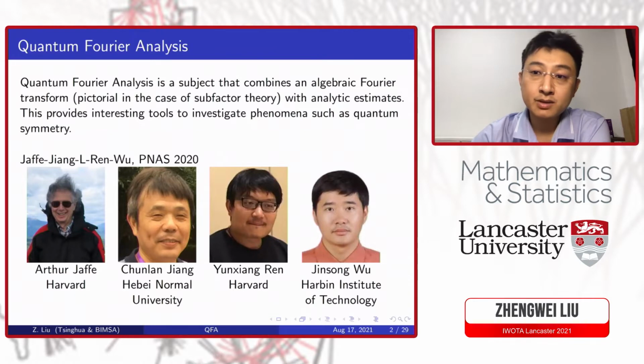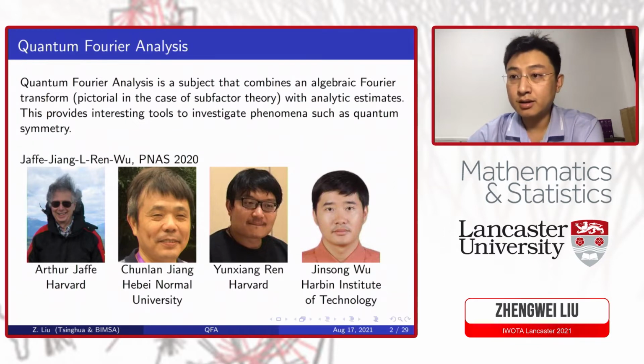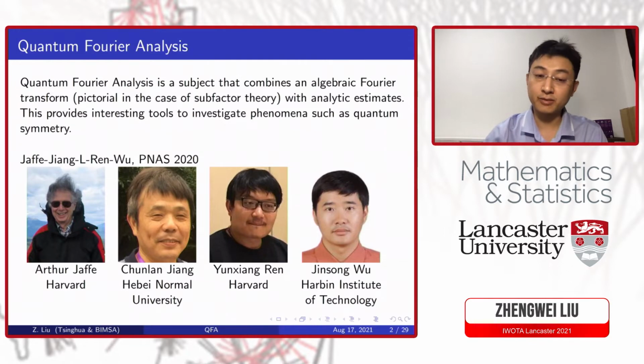Sometimes this transformation has a pictorial meaning, like in the case of subfactor theory. We are interested in analytic estimates of the Fourier transform in the sense of Fourier analysis, and this will provide interesting tools to investigate phenomena like quantum symmetries that appear in quantum theory.